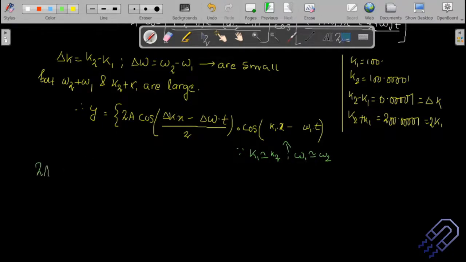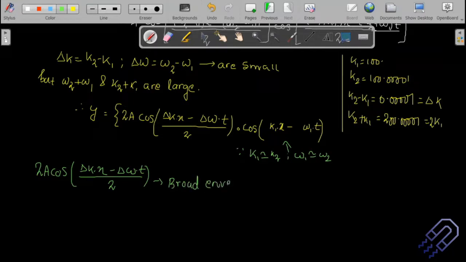This is important. 2a cos of delta kx minus delta omega t, divided by 2. This is actually called the broad envelope.